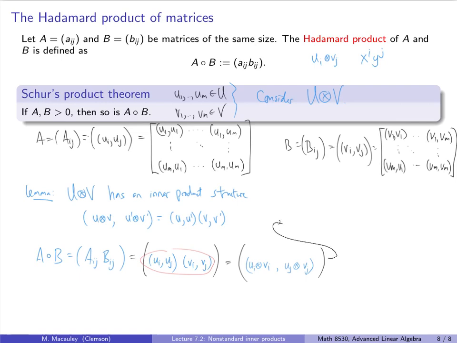And just to think about what this is, this matrix is, I'm going to write it like this: g1 dot g1, g1 dot gm, gm dot gm, gm dot g1, where g1 equals u1 tensor v1 all the way up to gm is um tensor vm. So we've basically shown that this is a Gram matrix. So let's put the box right here.